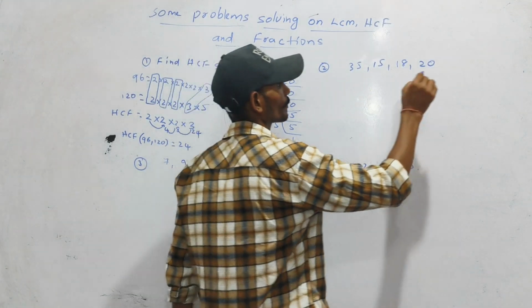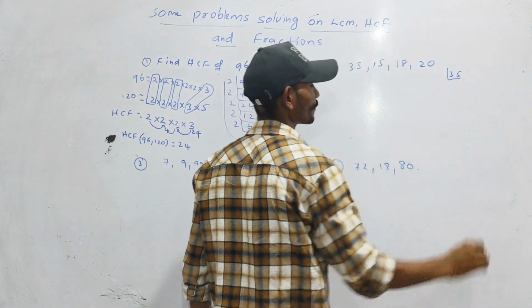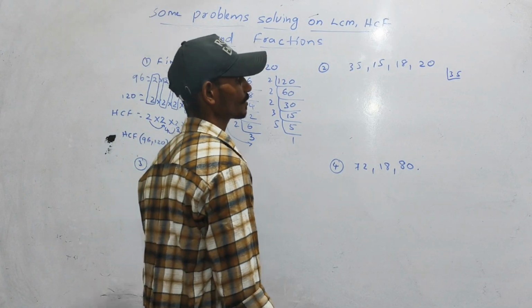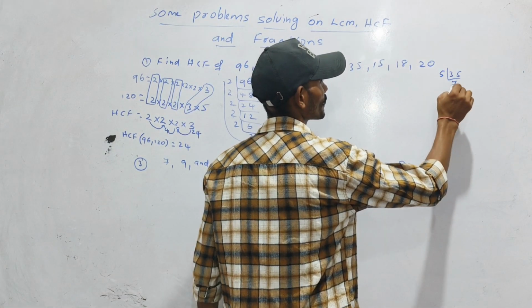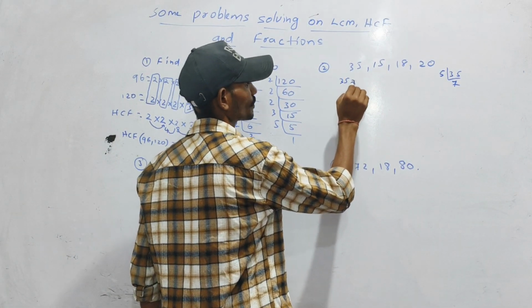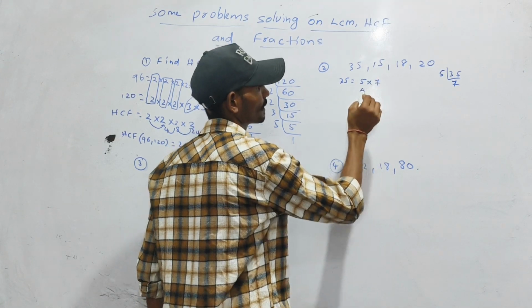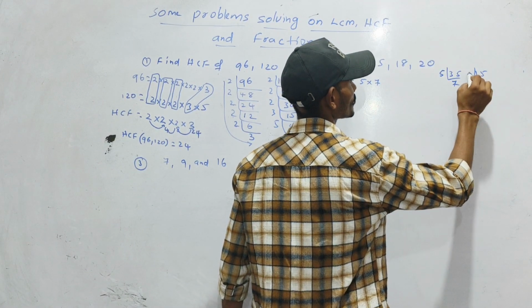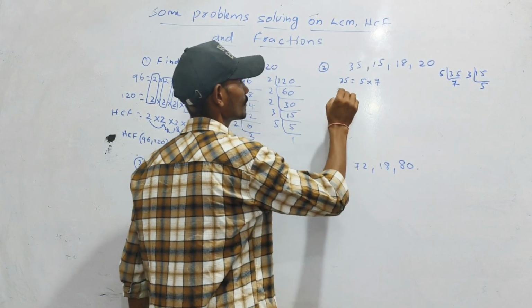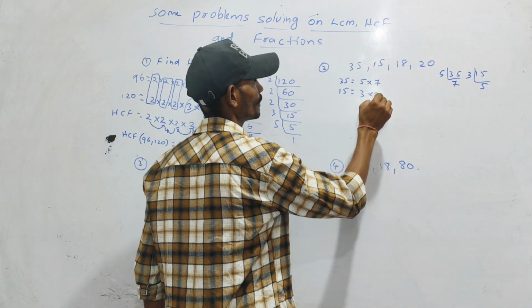Every time you are finding factors. 35 is divisible by 5. 5 7s are 35, so 35 is equal to 5 into 7. Next 15. 15 is 3 5s, so 15 is equal to 3 into 5.